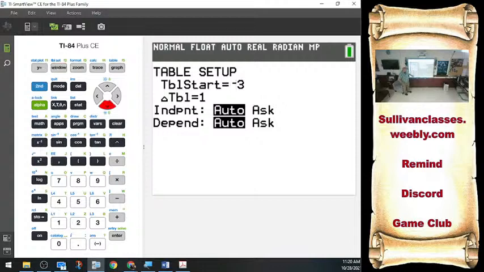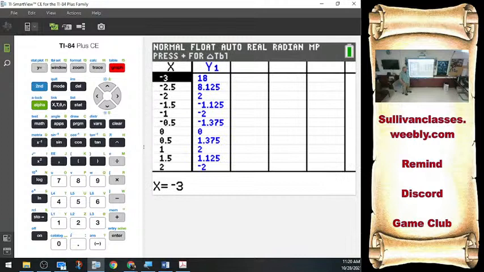I can tell the table to go by halves. So now when I go to my table, it's going to go by 1/2 intervals, meaning I'll get more points. If I got more points, the likelihood that I see the curve is greater. Instead of just a bunch of stuff on the paper, like a scatter plot, now I'll see more points. Okay?